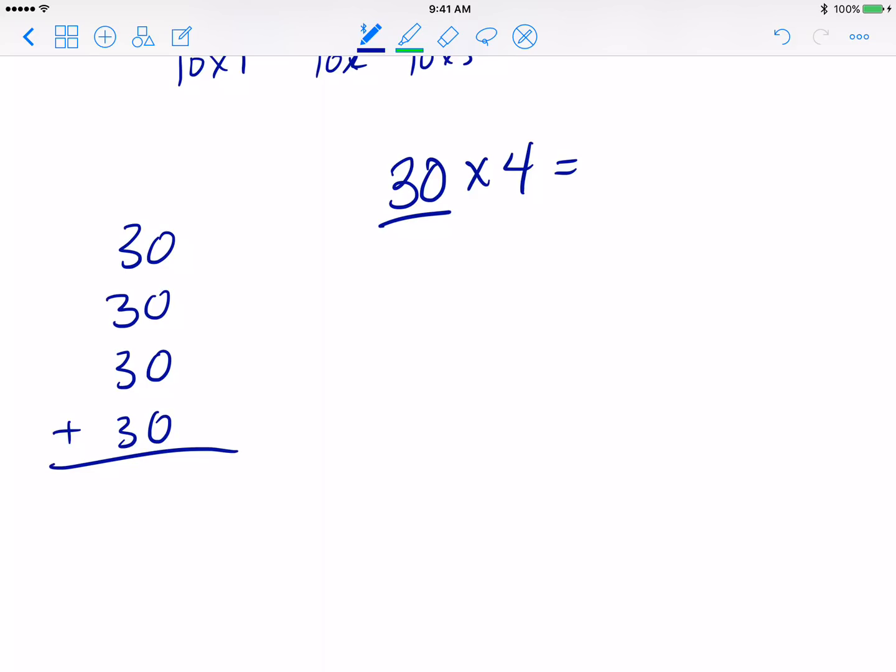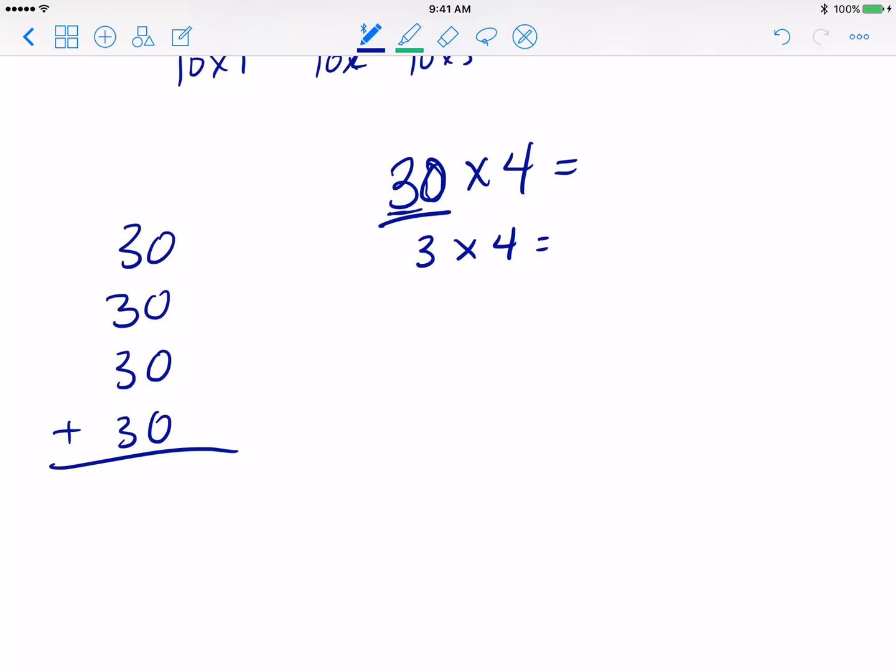But what I want us to also think about is how can I use 3 times 4 to help me solve this? Okay? So I know that anything that's a multiple of 10, I just multiplied it by 10. So 30 is 10 times bigger than 3. If it's 10 times bigger, we have a 0 in the ones place, and we have 3 10s.